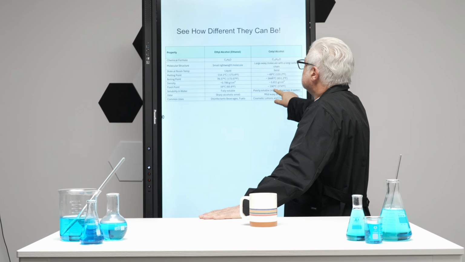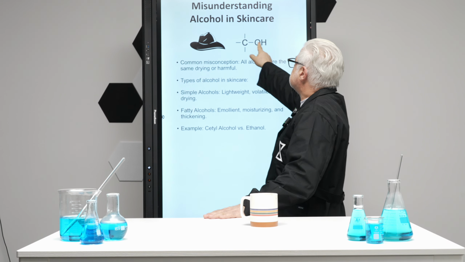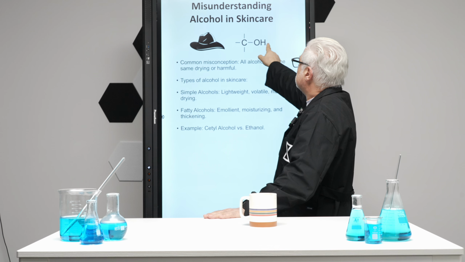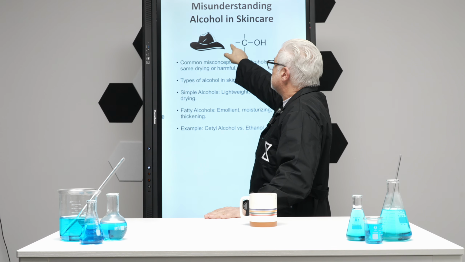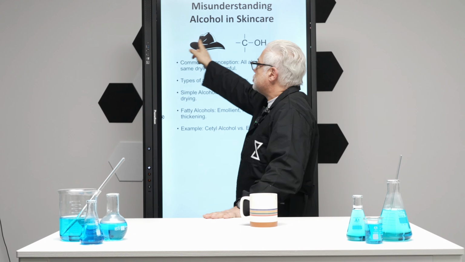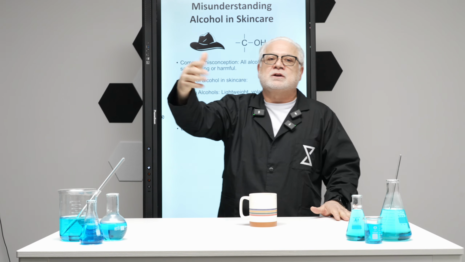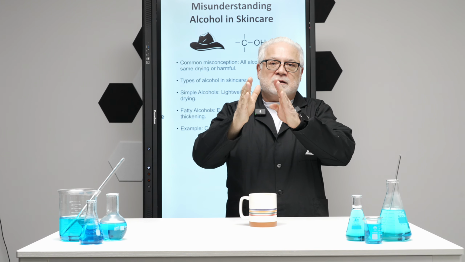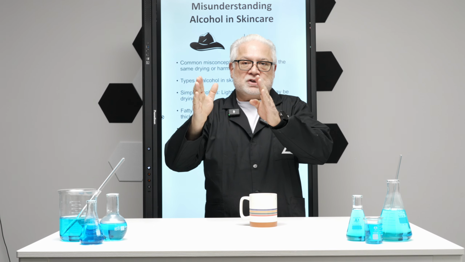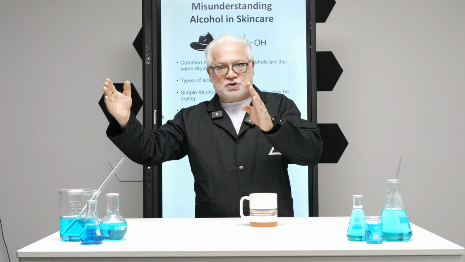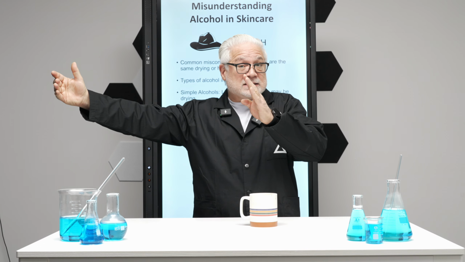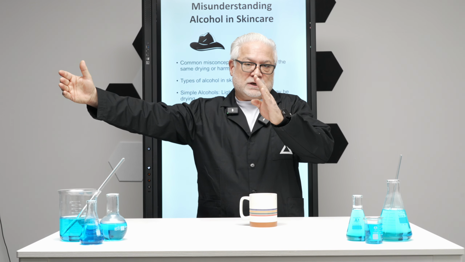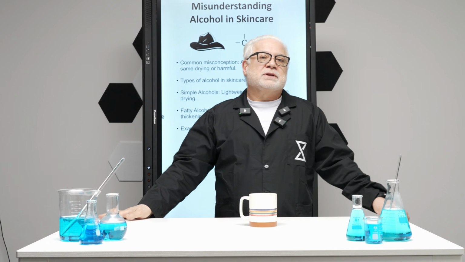Let me go back here. Remember this, COH? And then you have a group R, so we call it the functional group. These groups are usually hydrocarbons, meaning carbon and hydrogen. So it can be a 2 carbon chain, 5 carbon chain, or 10 carbon chain long, and the longer it gets, the less volatile it becomes. But there are tons of them.